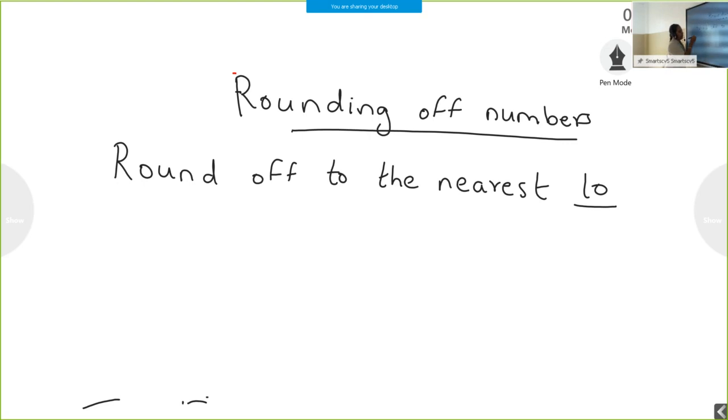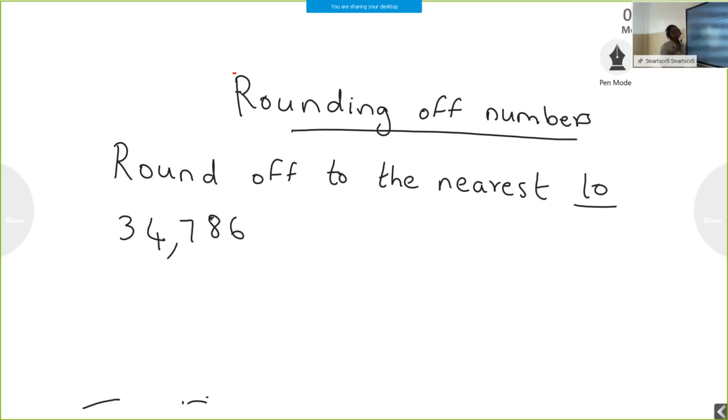So if we have a number, this is a 5-digit number. Can you see this one? 34,786. This is a number. We need to round this number to the nearest 10th place. Understand?